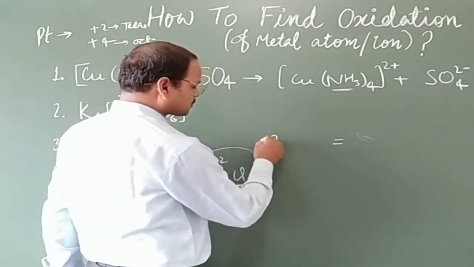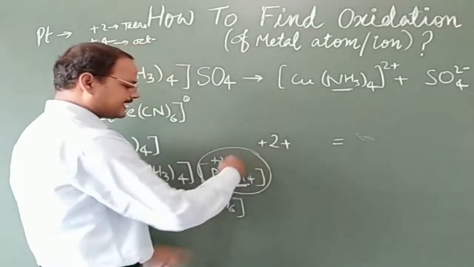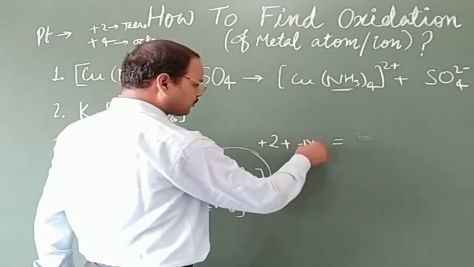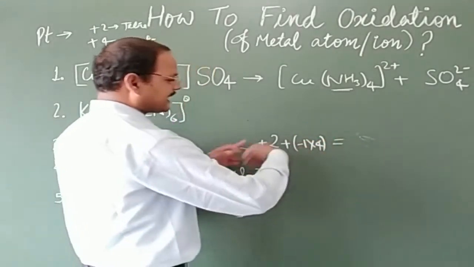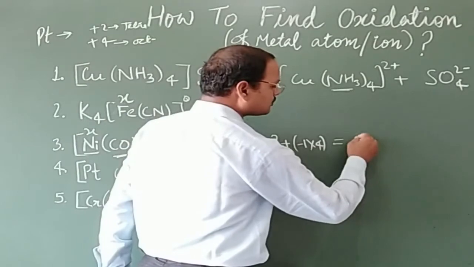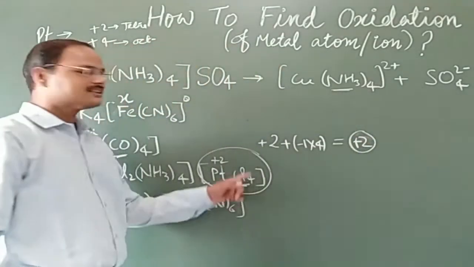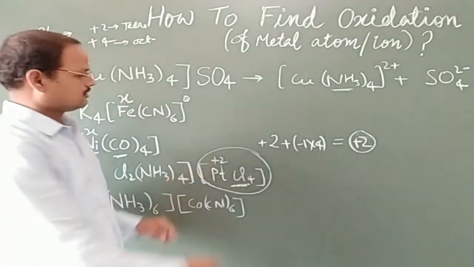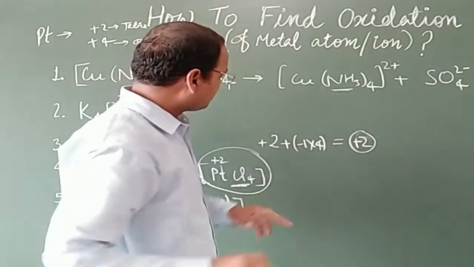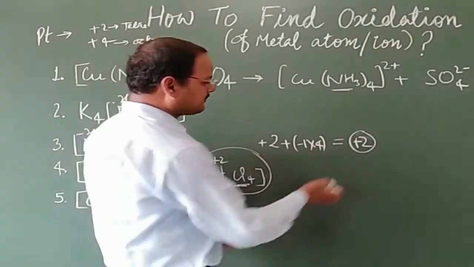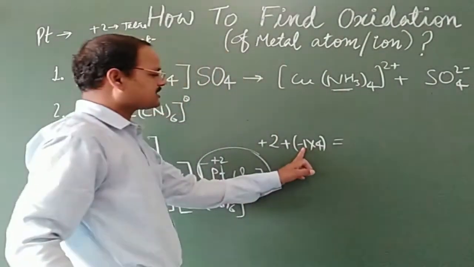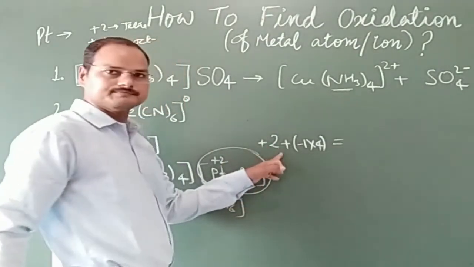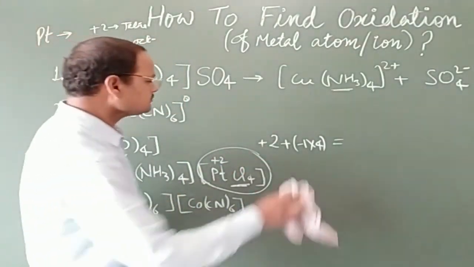So platinum is taken as plus 2, and as we know that chlorido has 1 negative charge, it means minus 1 into 4, and we will get equal to 2 positive. It means 2 positive charge is present on, no, once again see here, this is negative. Let's see once again.